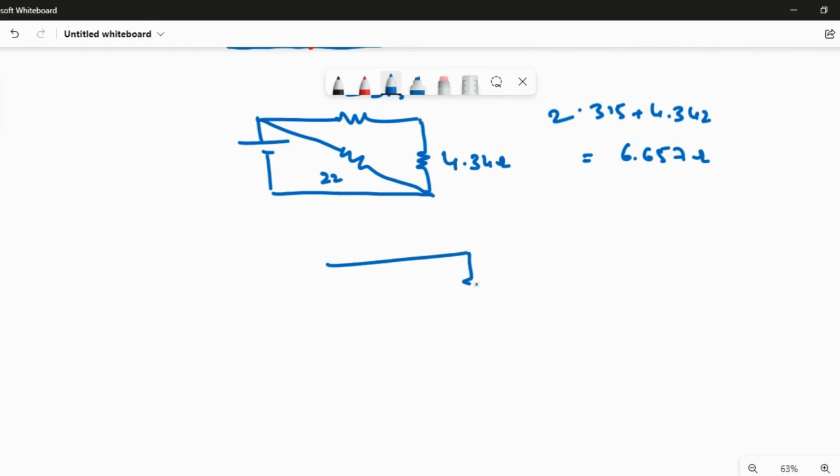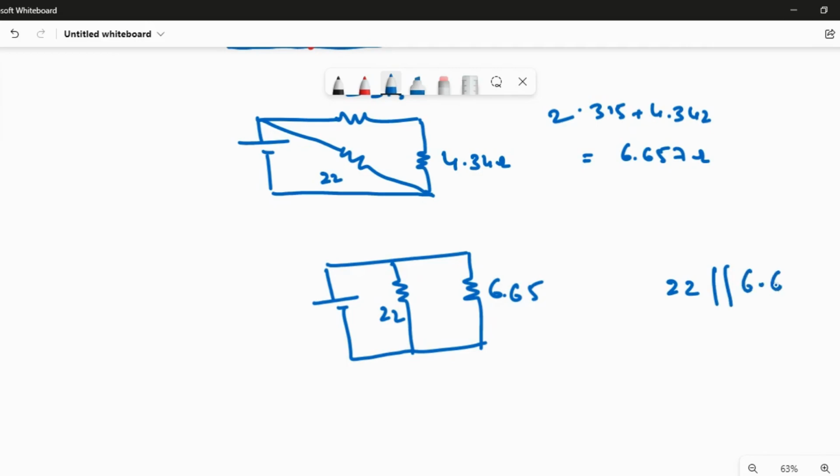So I'm replacing those two series combination with 6.65, and this resistor is 22. Now 22 and 6.65, these two are in parallel. This parallel combination will give you 5.11. So the total equivalent resistance of this network is 5.11 ohm.